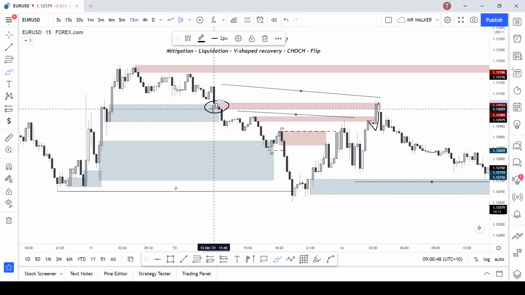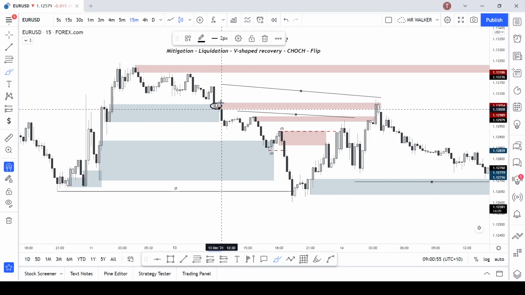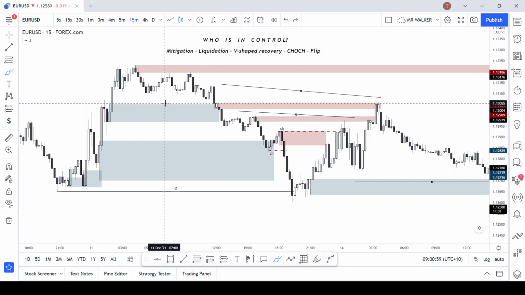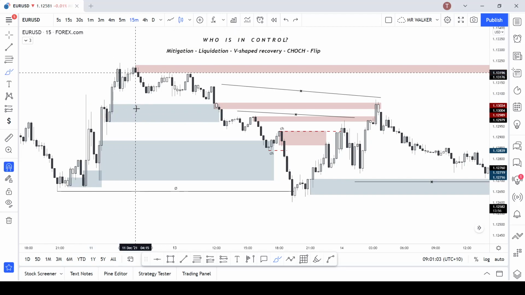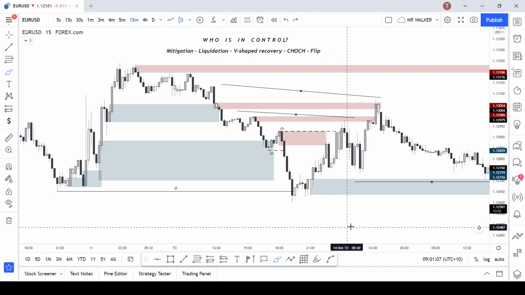We then have this inside bar candle and the wick, which then creates the supply zone that has flipped the demand. Okay, demand is valid because it has broken the structure. And what do we see in here?